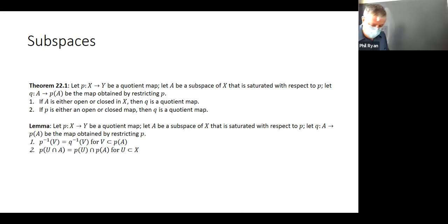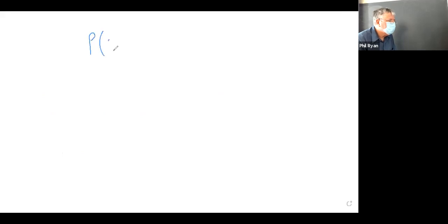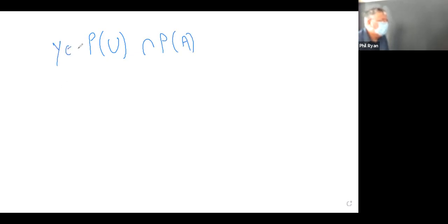Let's see why the reverse inclusion holds. Let's say we've got some point in P(U) intersection P(A). Let y be an element of that.